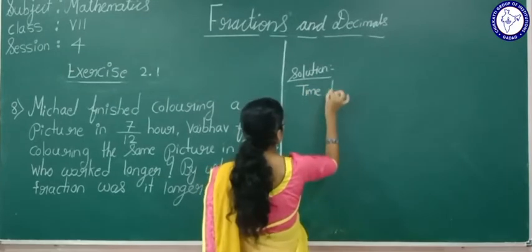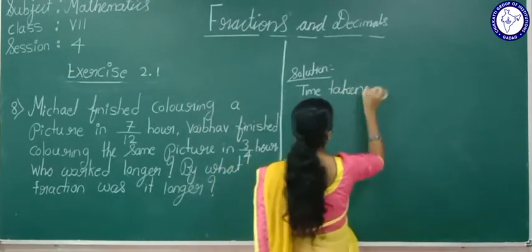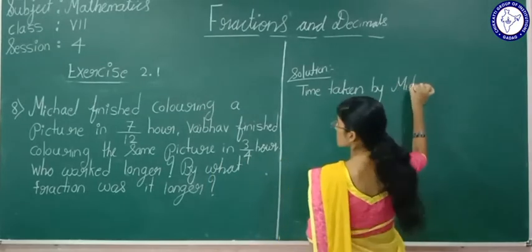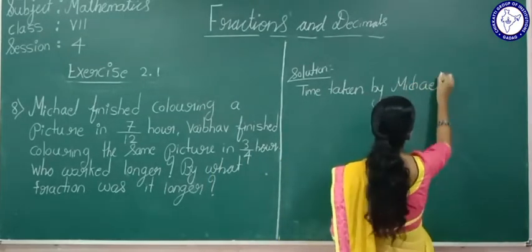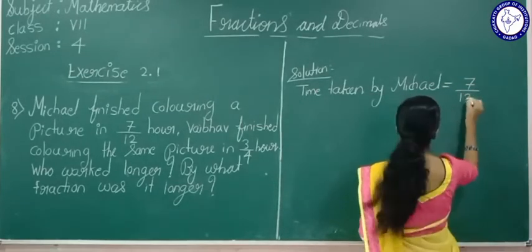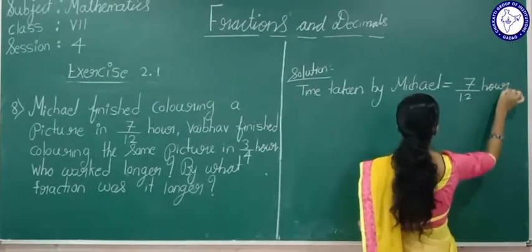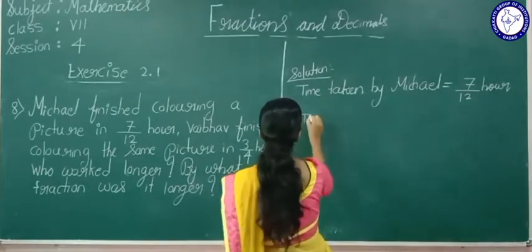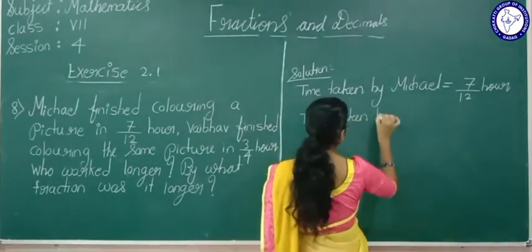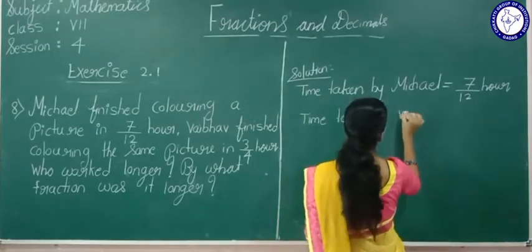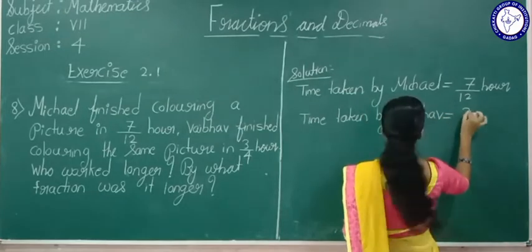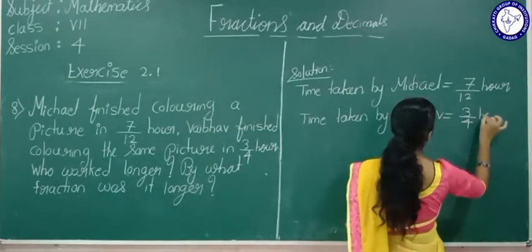Time taken by Michael is how much? Time taken by Michael is 7 by 12 hours. Time taken by Vaibhav is how much? 3 by 4 hours.